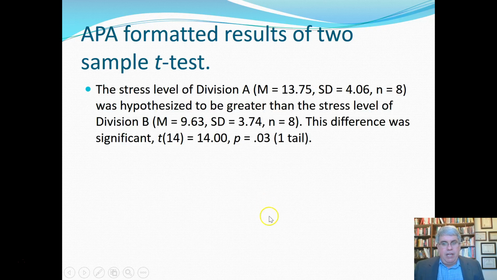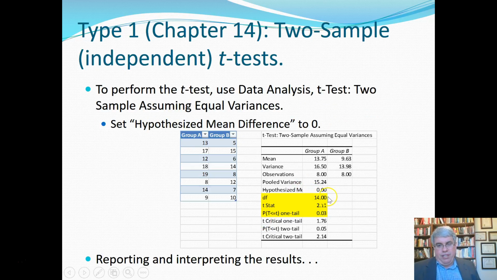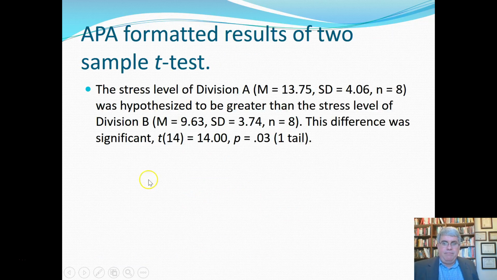And if we look at this, we're going to see that we've got the means of the two groups, and then we're going to have the degrees of freedom. We've got a t-statistic of 2.11, and we made a one-tailed hypothesis, so we're going to have a p of 0.03. So that means the results are going to be significant, and we can write it this way.